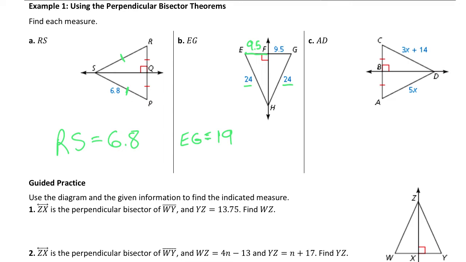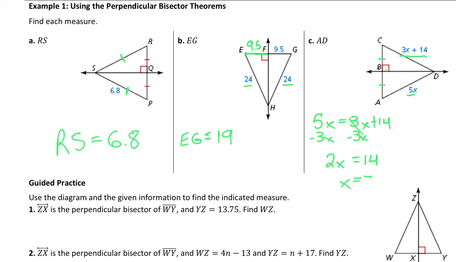In part C, BD is a perpendicular bisector. It's intersecting CA at a 90-degree angle, and it creates two congruent segments. So what we can say is 3x plus 14 is equal to 5x. And I can solve that. Just subtract 3x from both sides. 2x equals 14.